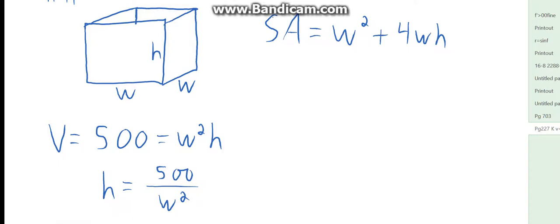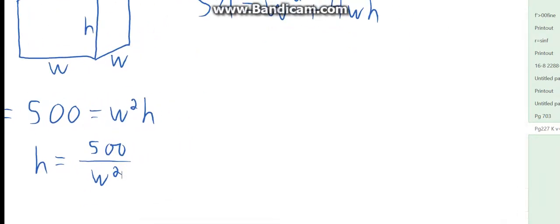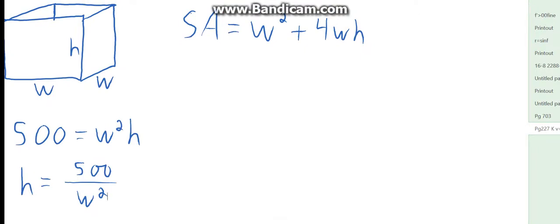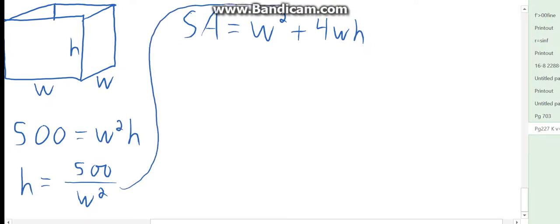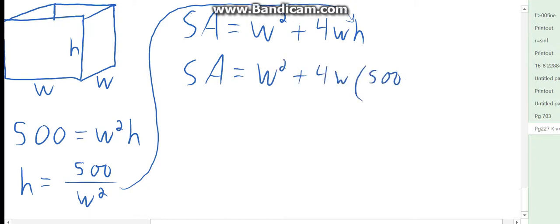Okay? But now that we know the height is 500 over w squared, because the volume has to be 500, we are just going to go ahead and plug that in here for h. And that's going to give us the surface area has to be w squared plus 4w times 500 over w squared.